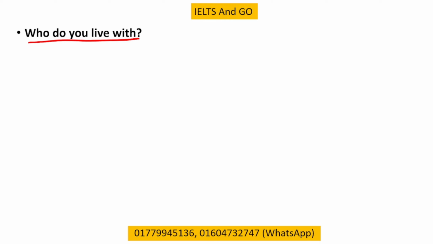You should not answer in speaking part 1. You should not do your answer very long or very short. You should answer moderately. So when you will be asked who do you live with, you will answer simply. Your answer will be I live with my family.